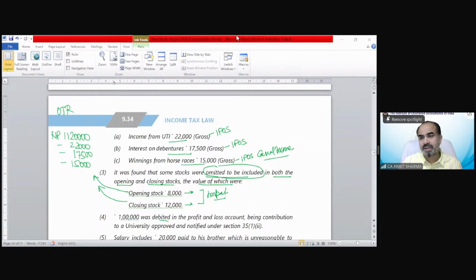Opening add, closing deduct? No, opening will reduce, Mr. Sunil. So the treatment would be that the opening stock is going to reduce your profit because it is a part of your expenses, and the closing stock is going to increase your profit. So 8,000 is going to reduce your profit, and this 12,000 is going to increase your profit.